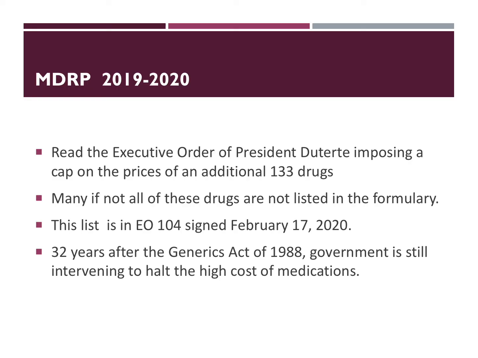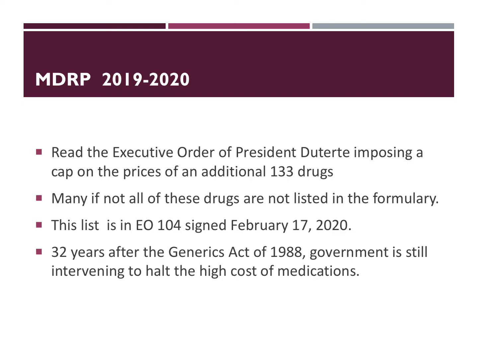So I provided the reference for the list if you want to skim through it, just for you to find out the provisions of this EO 104 and check which drugs are included in this list.